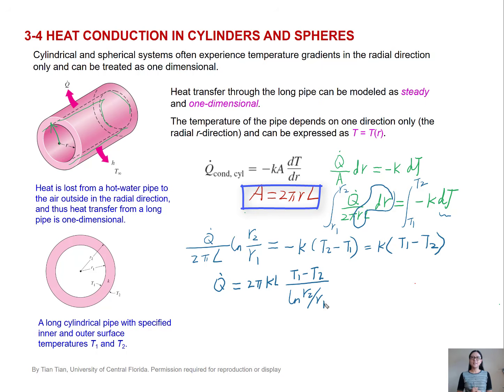Now we are ready to write the conduction resistance. Remember, thermal resistance is always the driving potential divided by the heat transfer rate.